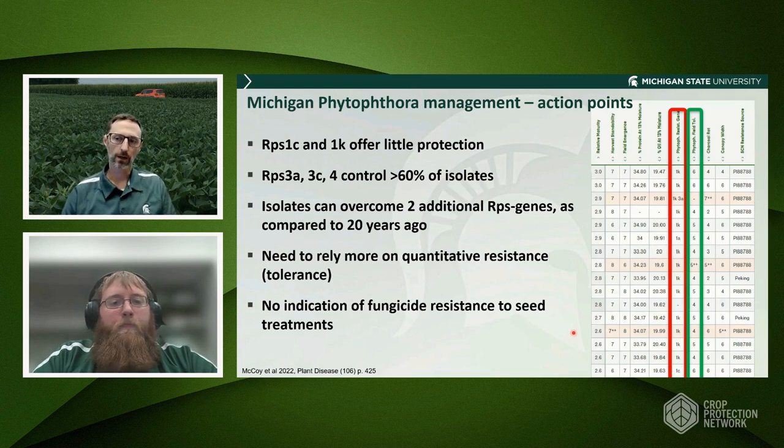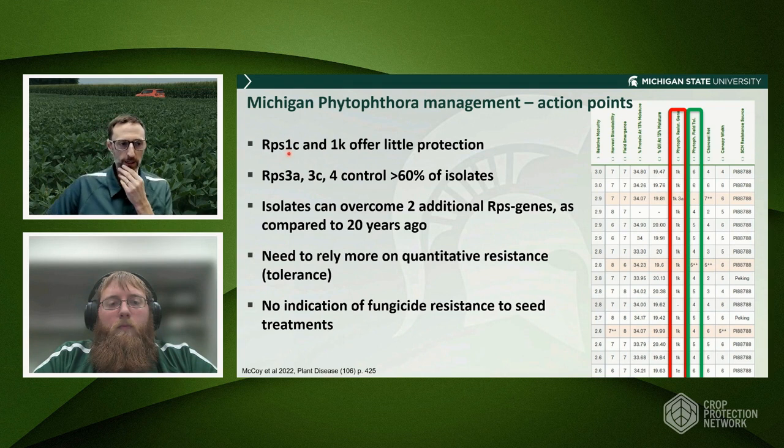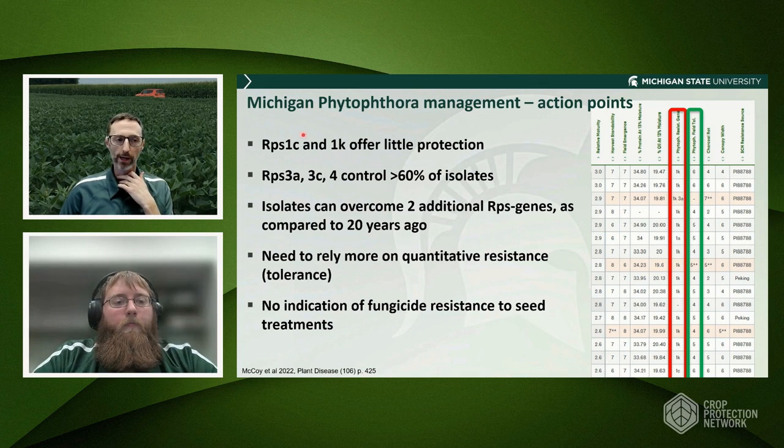All right. So here's our overview point, I guess, right? Our action points. So I think Austin's made a pretty good case here that at least here in Michigan, RPS 1C and 1K generally offer little protection. Most of the isolates are able to overcome those widely deployed genes, unfortunately.